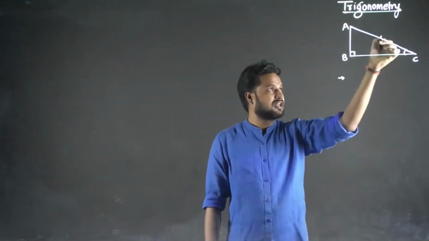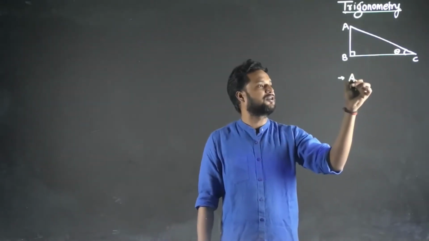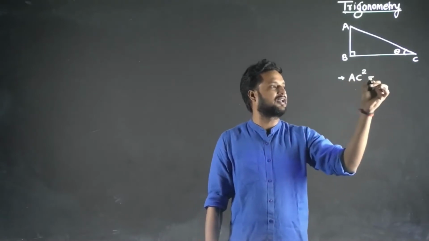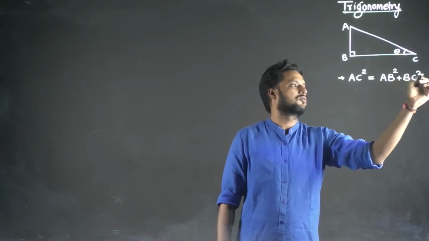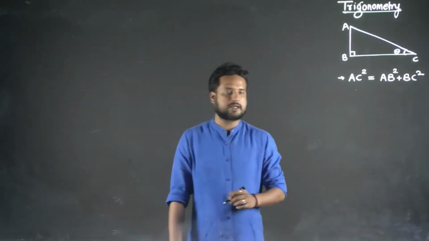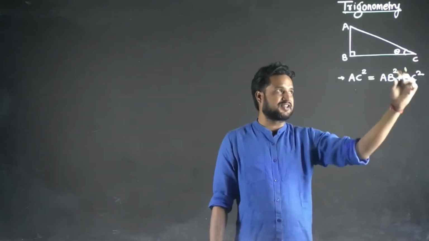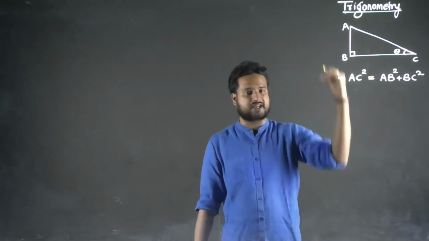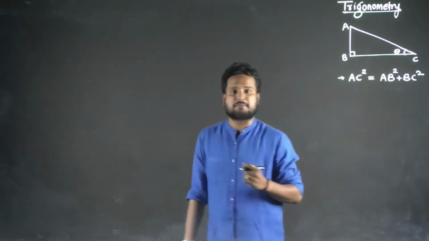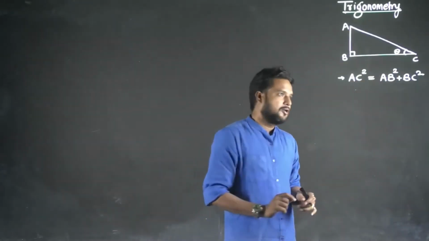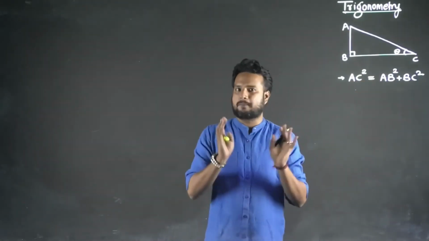Pythagoras theorem says this is your hypotenuse. Hypotenuse square, that is AC square, is nothing but AB square plus BC square. So for theta, AB is the opposite side, BC is the adjacent side, and AC is what we call the hypotenuse. So this relation is there by Pythagoras theorem.